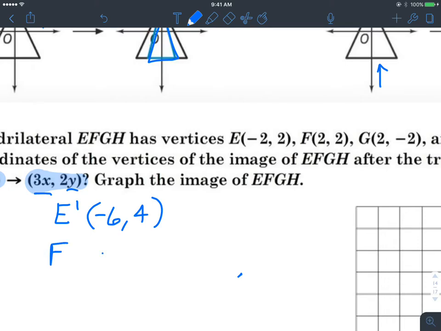So then let's do F. That'd be 3 times 2, so that'd be 6, and then 2 times 2, so that'd be 4. Looks like G prime, 3 times 2, so that would be 6 again. And then we got 2 times -2, so that'd be -4.